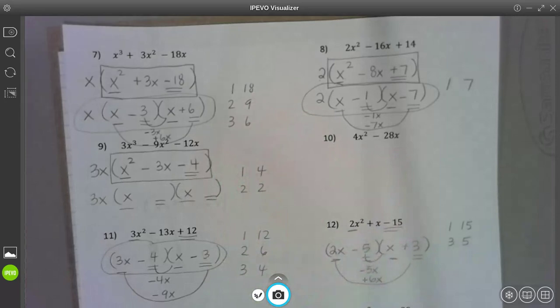Right, I'm trying to get the last two spots to multiply to that -4. So remember, to multiply to a negative, you're going to need different signs. One positive, one negative. The only numbers I know that multiply to 4 are 1 and 4 and 2 and 2. So you just pick your favorite and start guessing and checking until you get those rainbows to do what you need them to do.